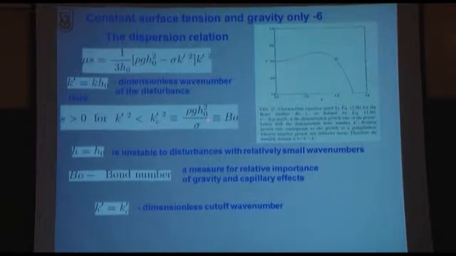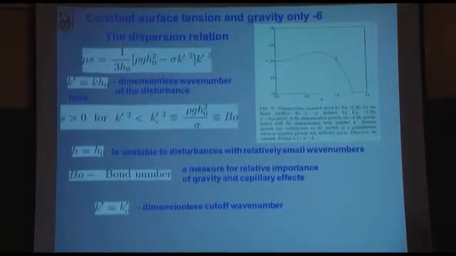So this is the graph showing the growth rate as the function of the wave number, okay? For sufficiently small k, it's positive, which means the system is unstable, linearly unstable, and then it decays. For sufficiently large k, from here on, it becomes negative, which means the short wave disturbances are stabilized, and the long waves are destabilized.